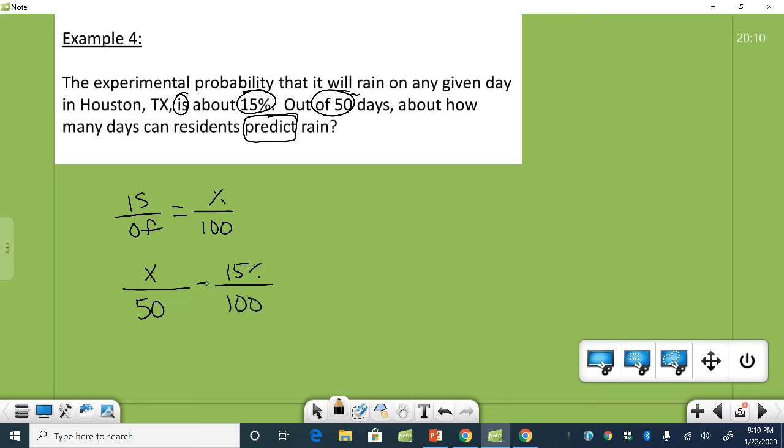And we know 15% is over 100. So we can cross multiply and divide, or we can change this percent to a decimal and multiply those two across. When you do that, you actually get 7.5 days.